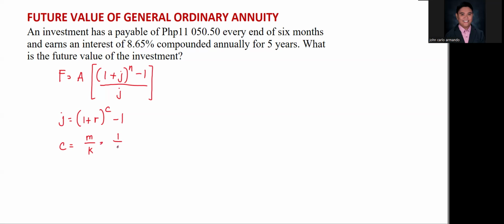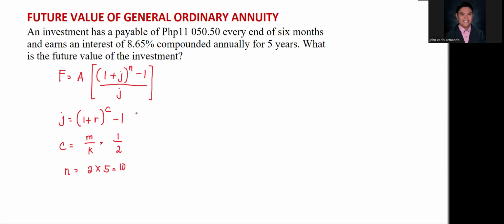So 2. Then what is our N? N, because we're going to use it. The value of N here is just: how many payments are there in the problem? You're going to pay for 5 years and twice a year, since every 6 months. So therefore, 2 times 5, and that is equal to 10.